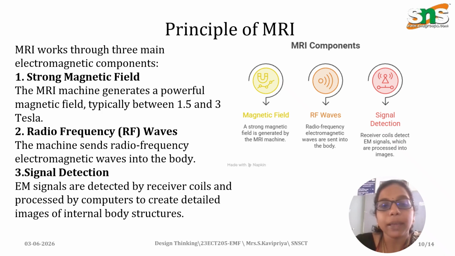And what is the principle behind this MRI, which we have discussed in the last topic as well. First, MRI generates a powerful magnetic field, and the machine sends radio frequency electromagnetic waves into the body. EM signals are detected by the receiver coils and processed by the computer to provide more detailed medical imaging.